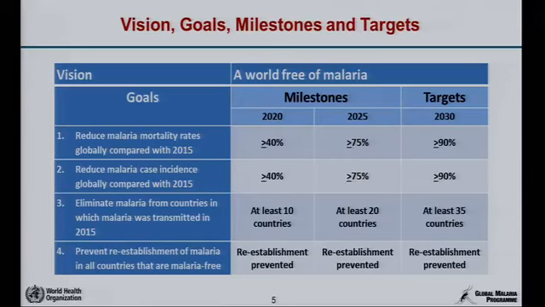Our targets by 2030 are that the world can achieve a reduction of at least 90% in malaria mortality rates, a reduction in disease incidence of at least 90%, that at least 35 new countries will have achieved malaria elimination, and throughout this process that we will have effectively prevented the re-establishment of malaria transmission in malaria-free status countries.